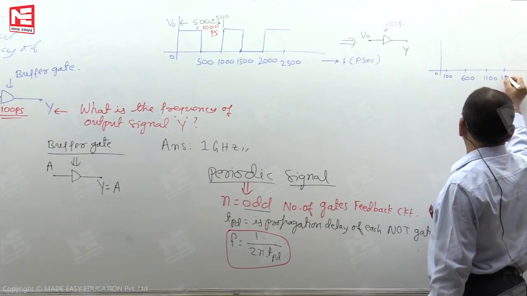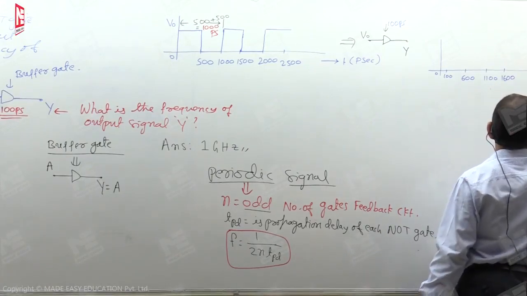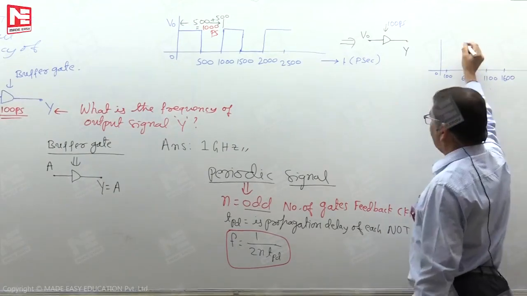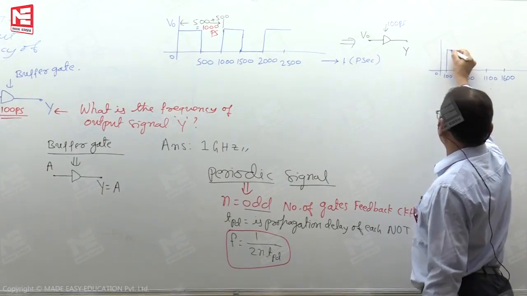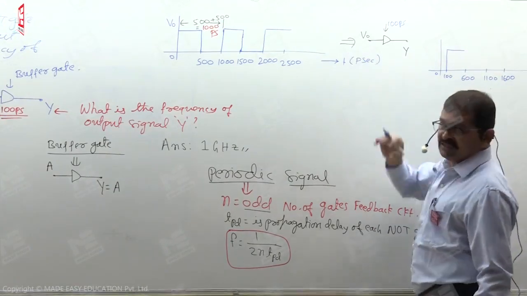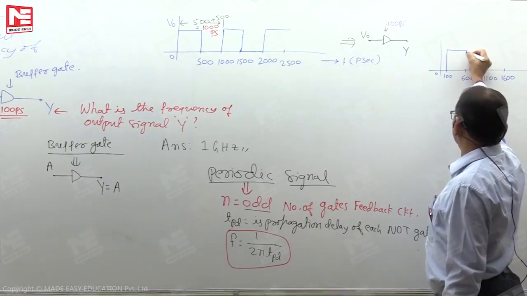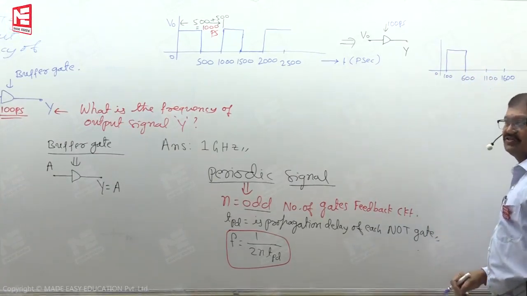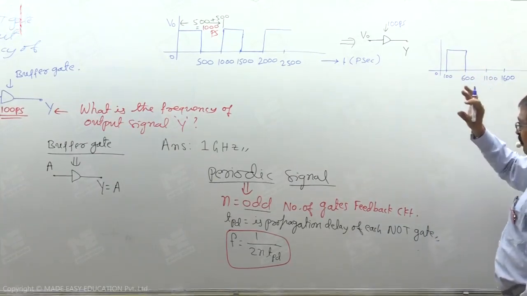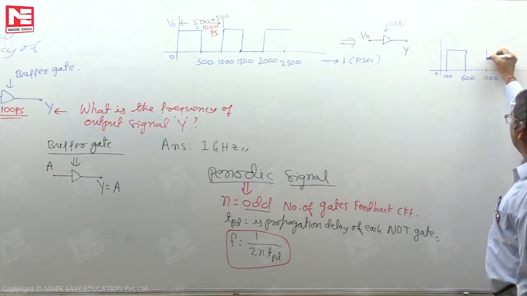It will be now 1600 and so on. So the waveform should start from here at 100, and the pulse width should not change. Pulse width is 500 picoseconds. It is the same. So this one continues until 600 picoseconds. Later it is 0, for 500 picoseconds. 600 plus 500, so until 1100 it must be 0, and so on.